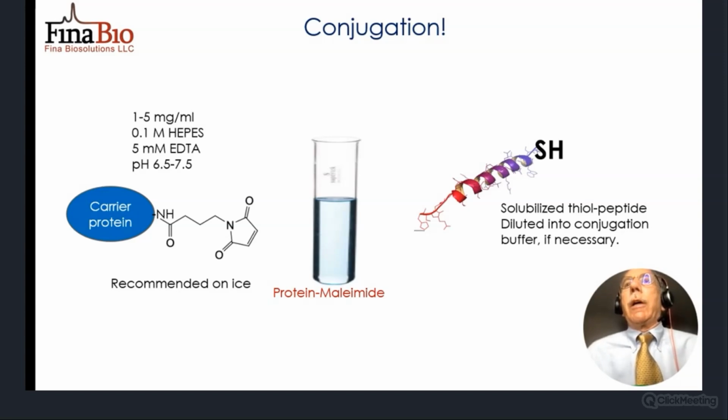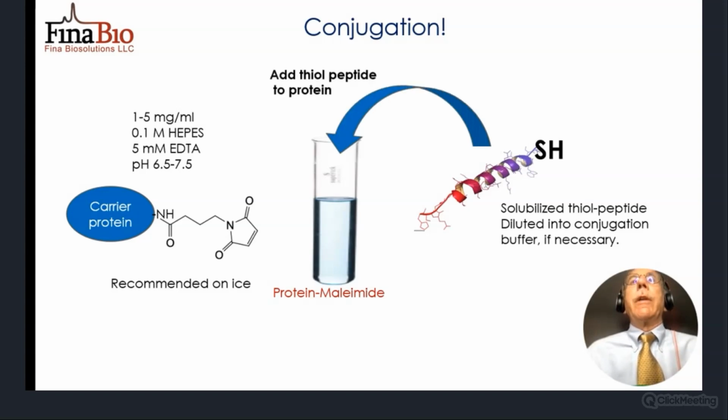You have your solubilized thiol peptide. You know the concentration of thiol, so that when you add the thiol peptide to the protein, you can accurately determine the ratio of thiols per CRM197. We would normally add between 10 and 50 thiols per CRM.